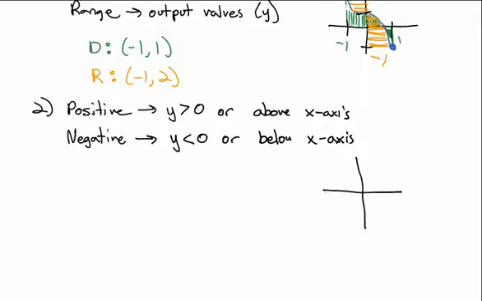So just a really quick example here. Let's say I have a graph that goes from here at -1, 2. It's going to come down, go through 0, 0, and back up. Actually, let's just make it go on forever.